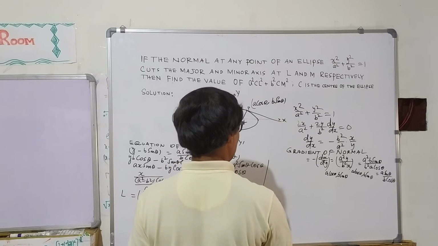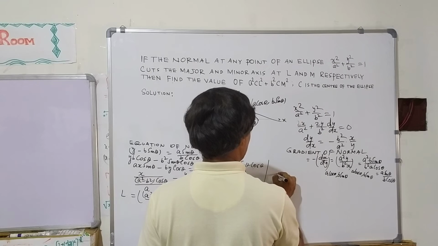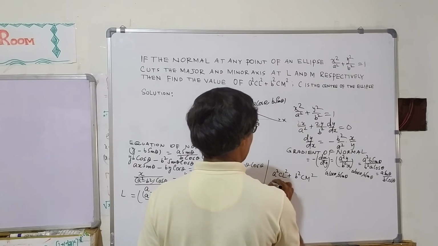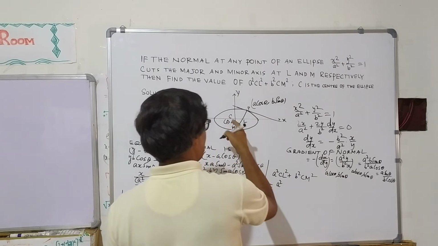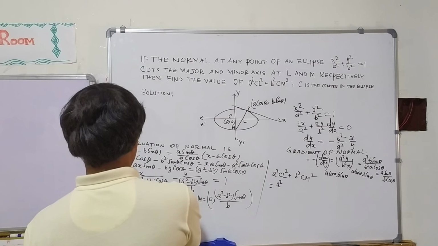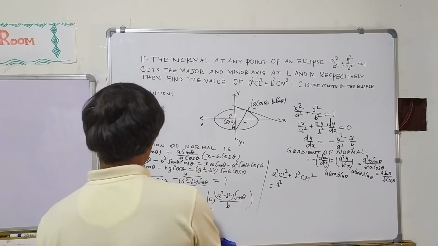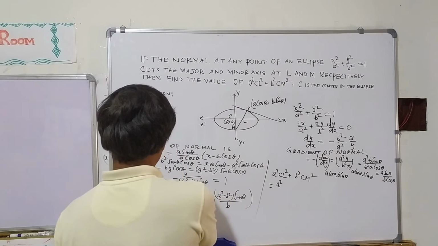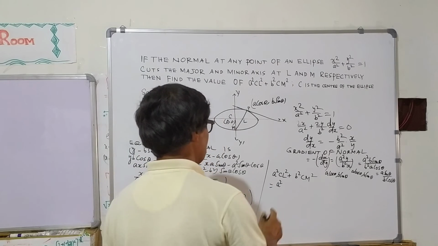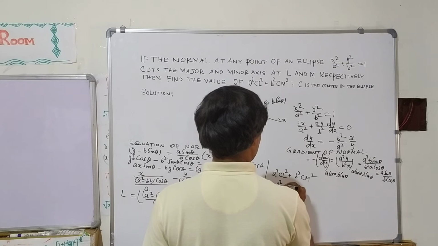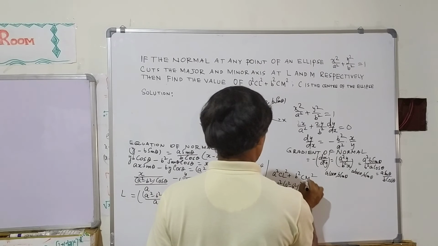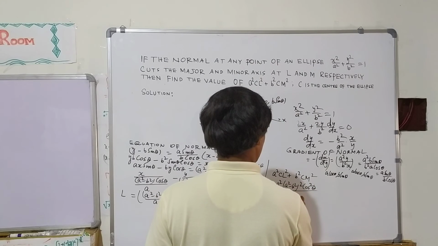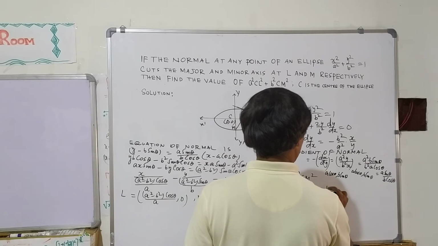So, a square CL square plus b square CM square equals a square CL square plus b square CM square. CL is the x coordinate of the point L, that is (a square minus b square) cos theta over a. So CL square is (a square minus b square) square cos square theta over a square.